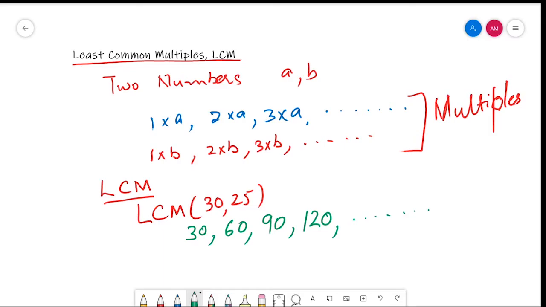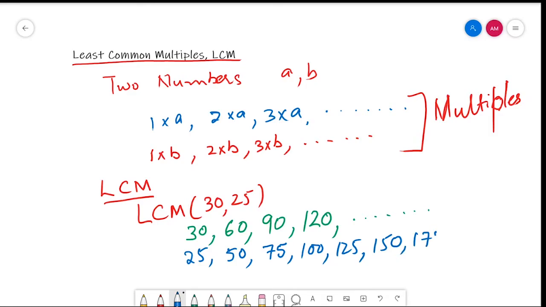Similarly for 25, 1 times 25 is 25, 2 times 25 is 50, 3 times 25 is 75, and then we have 100, 125, 150, 175, and so on.